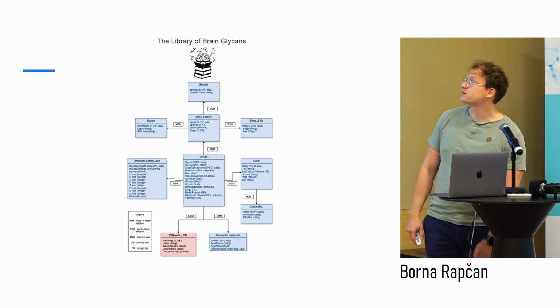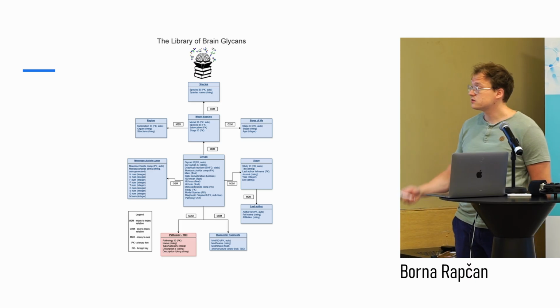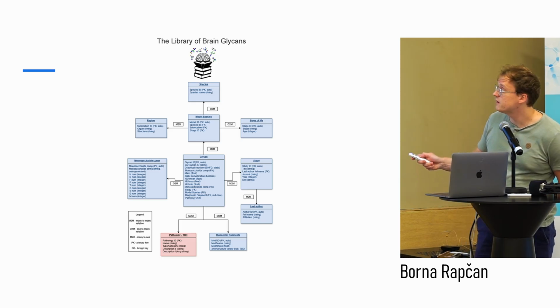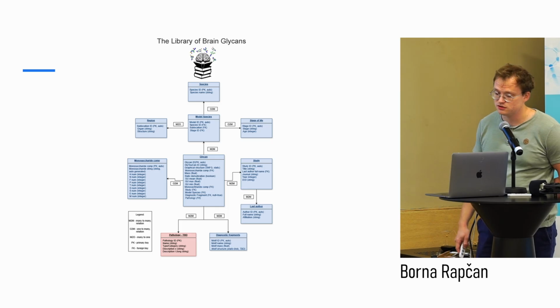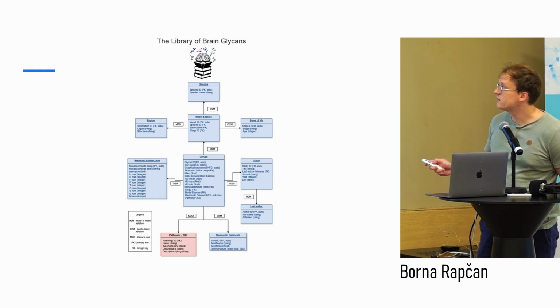Moving on, this is the diagram of the database. In the middle, you have the chemistry. This is all the basic information we have on the glycans. On the right side, we have the literature information, and at the top, we have currently implemented biological information.